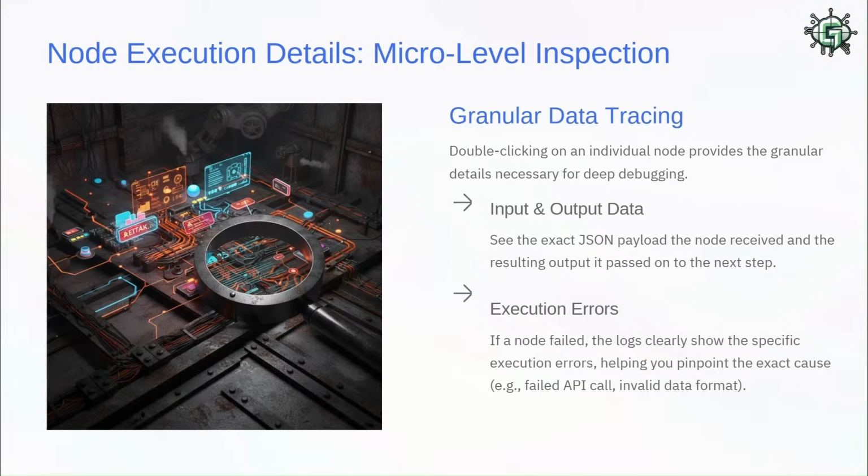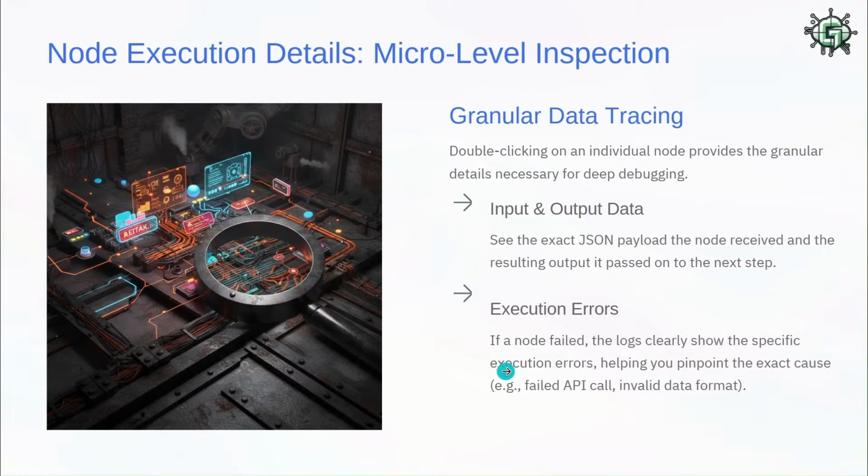For debugging data, we need to see input and output data, like the JSON payload, to tell whether the data has come in and whether it has passed to the next node or not. In data tracing, you can use node execution details to see whether it has passed from node 1 to 3, or whether the data is unsuitable, or it has been input and doesn't suit. You can trace exactly how the data flows.